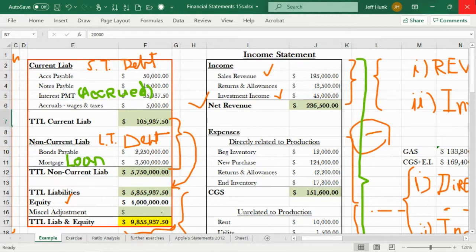Does that make sense? So paychecks are not paid on a daily basis, but labor is still delivered daily.